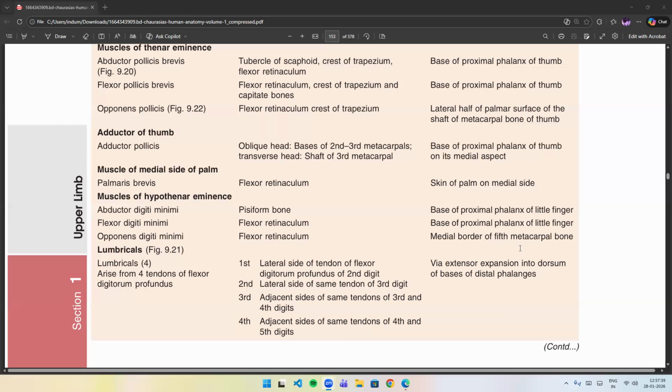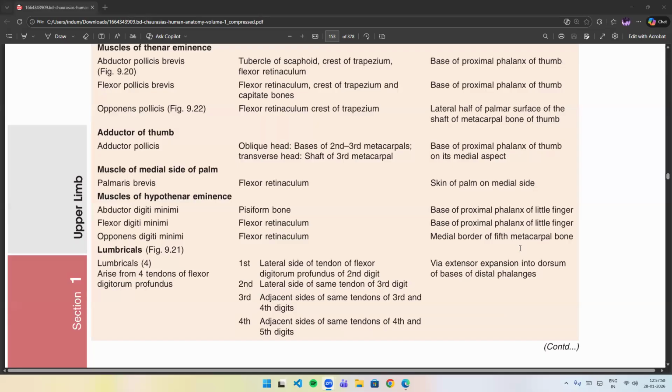Insertion is base of proximal phalanx of thumb on its medial aspect. Muscle of medial side of palm, which is palmaris brevis. Origin is from flexor retinaculum and insertion is skin of palm on medial side.